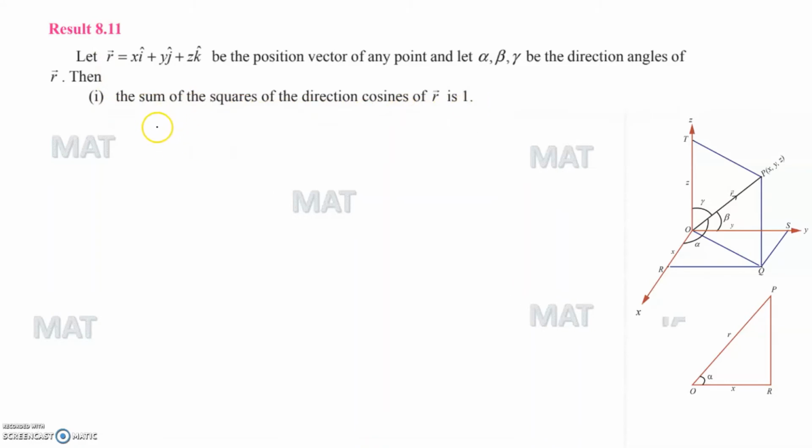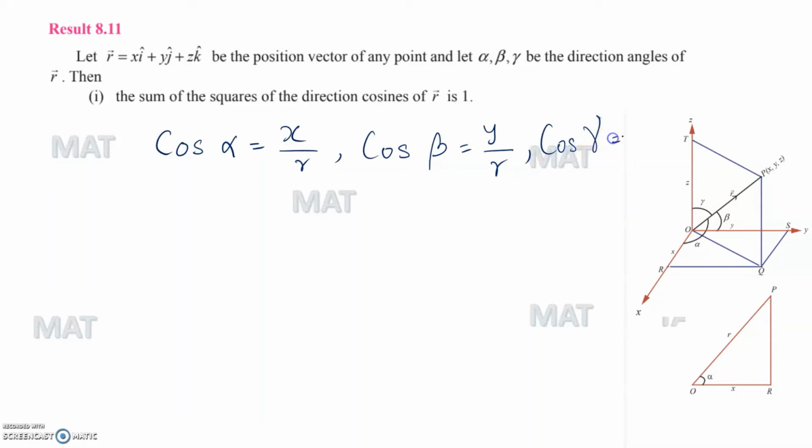So direction cosines are cos alpha is equal to x by r, cos beta is equal to y by r, and cos gamma is equal to z by r.